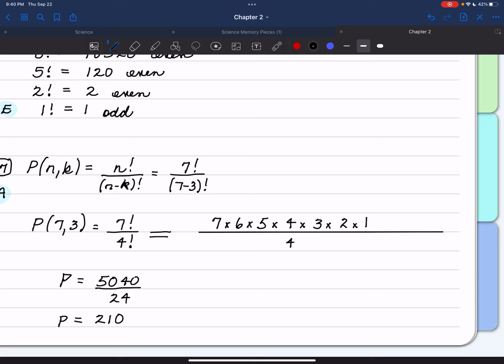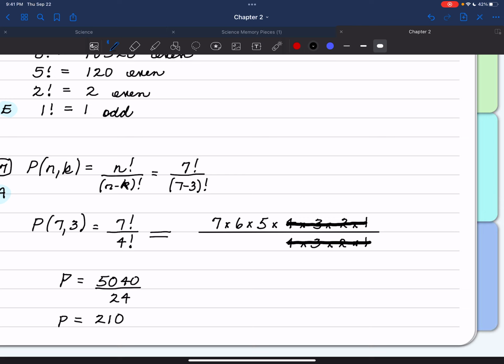So we have 4 times 3 times 2 times 1. And here's what I wanted to show you. You can cancel top and bottom as long as they're identical. So this 4 times 3 times 2 times 1, I can cancel on both sides. And then you could say 7 times 6 times 5.